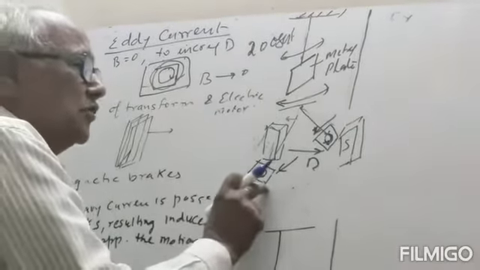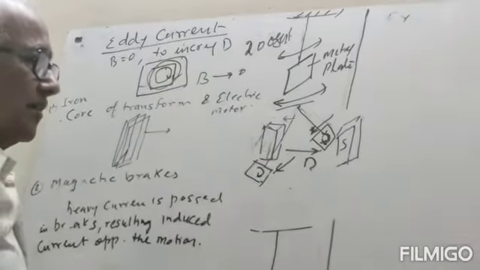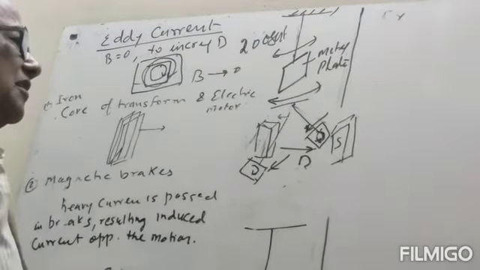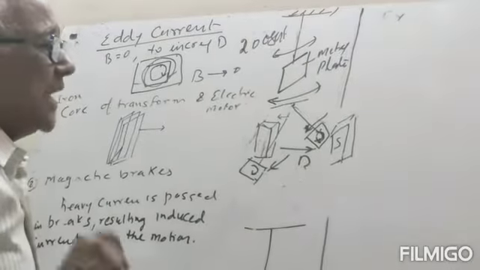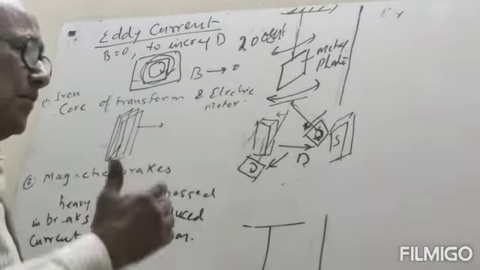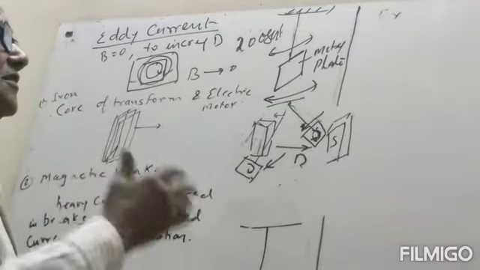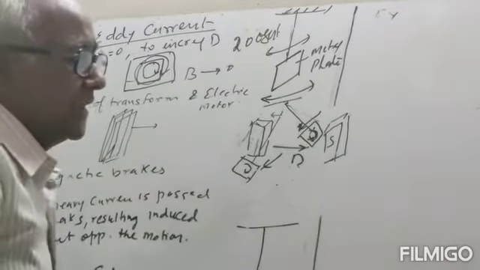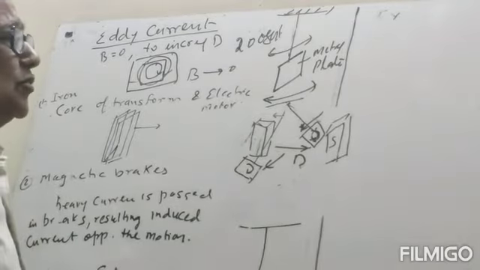And this induced current will always oppose the motion. So there will be damping, which means the amplitude of oscillations will be continuously decreasing and ultimately it will stop.